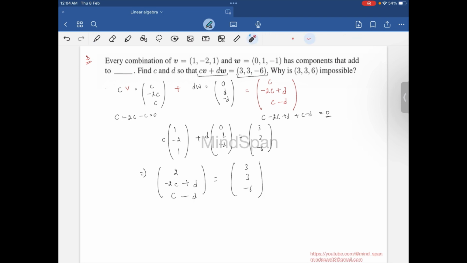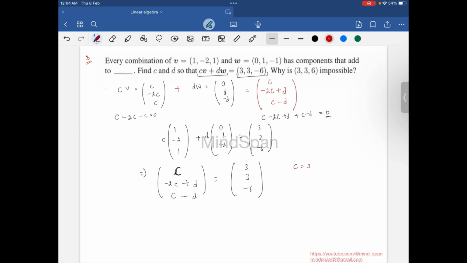And if these two are equal, that means their components need to be equal. So here we will have c, because c times 1 is c, so c is equal to 3.